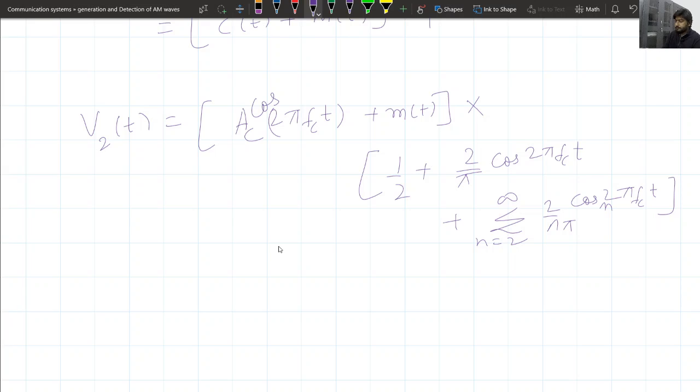So once again, writing v2(t) as Ac, let's take only the desired components. This is our desired component.